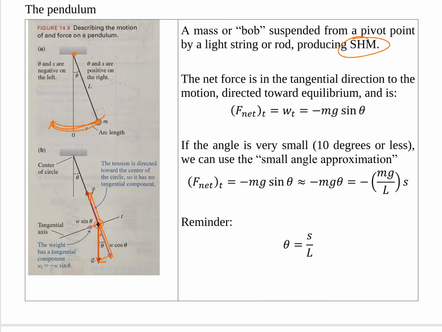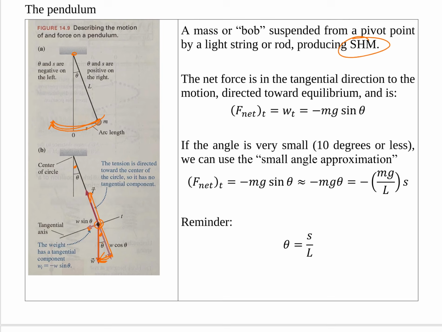Because this angle right here is the same as that angle by parallel lines, we have the opposite over the hypotenuse. So we use sine for the restoring force in the x direction. That gives us W, the weight of the bob, sine theta.